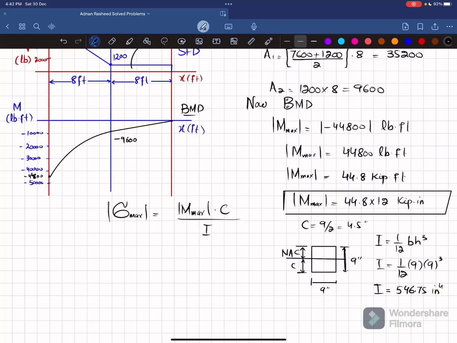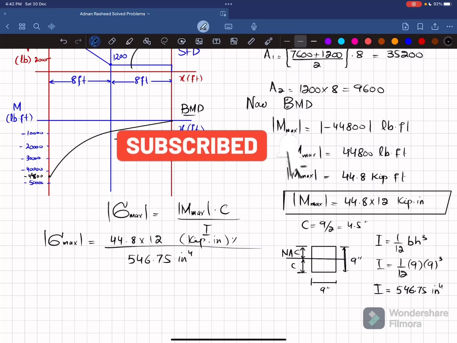Clear? Now you have all the values. You can just put them in this formula. Maximum absolute value of bending stress is equal to moment, which is 44.8 multiplied by 12, unit is kips into inch, divided by I, which is 546.75 inch power 4, and C is 4.5 inch.